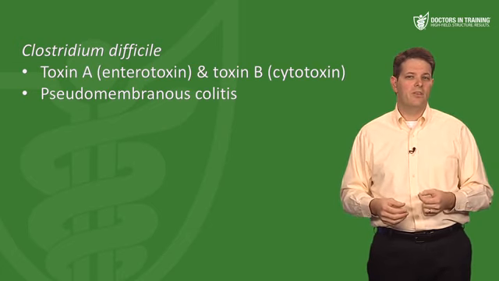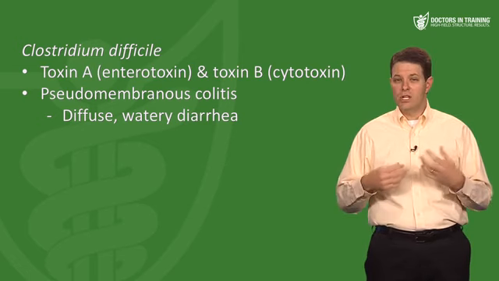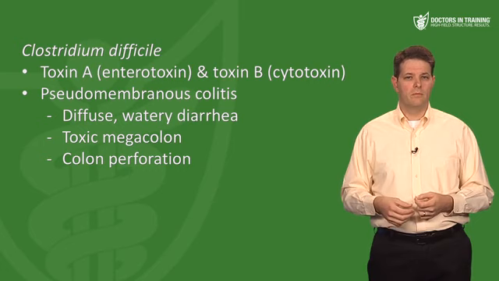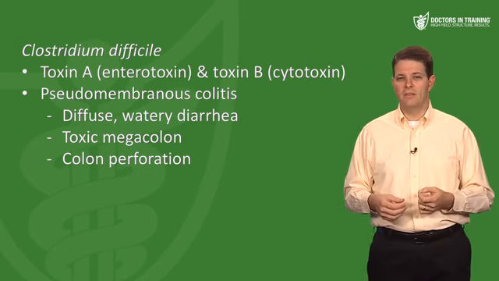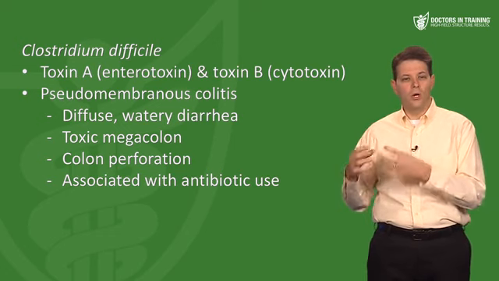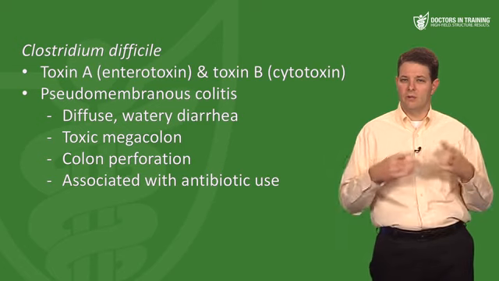C. diff colitis usually manifests as diffuse, watery diarrhea. It may lead to dilation of the colon, called toxic megacolon, and even perforation of the colon. And the primary risk factor for developing C. diff colitis is antibiotic use. So you inadvertently kill off the normal colonic flora with your antibiotics, and that allows C. diff to overgrow, and that leads to colitis.